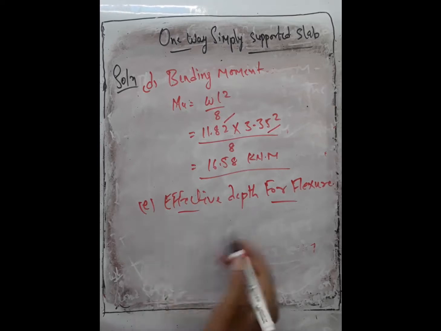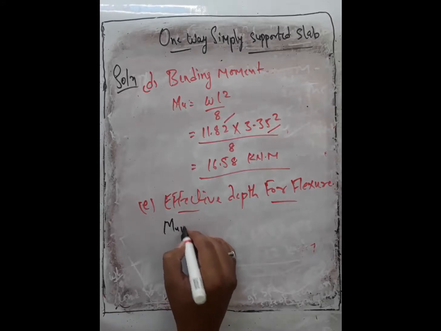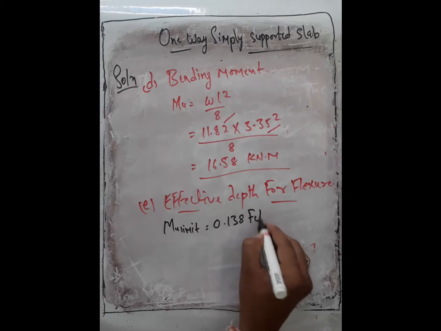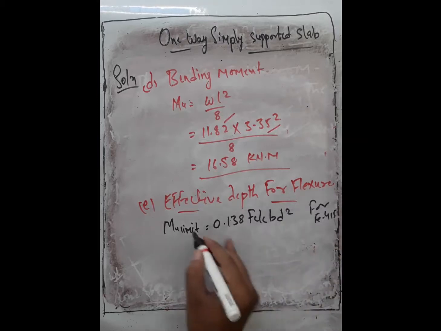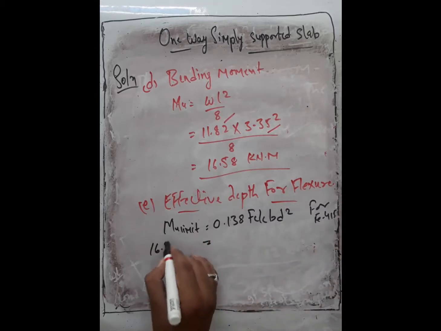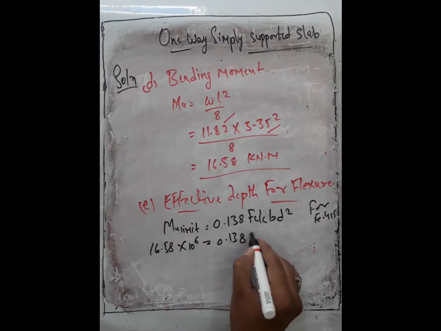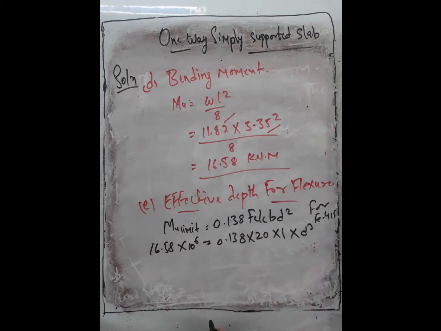Okay, so for that you have to find the effective depth, and we know that Mu limit is equal to 0.138 fck bd square for Fe415. So Mu we find here 16.58 into 10 raised to the power 6, equals 0.138 into 20 into 1000 into d square.